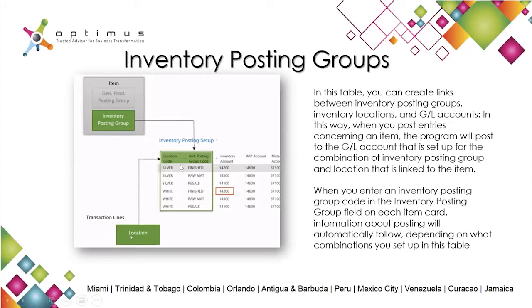The Silver will always have the same GL account for finished products, always, always. And the white warehouse will have another GL account that will be completely fixed for the finished product as well. So that's why they are called specific, even though they have some variables, they are not changing. At least the location will always have the same inventory account dedicated to that location.